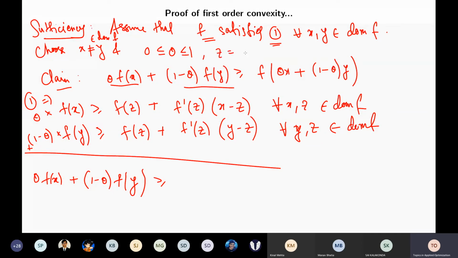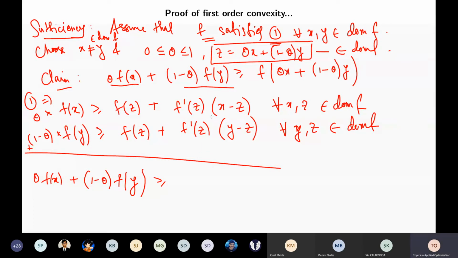So z is theta x plus 1 minus theta y. This is the point I was missing. And the domain is convex, so this z is still in the domain of f, so nothing is violated. And with this z, this term will vanish. That's the argument here.